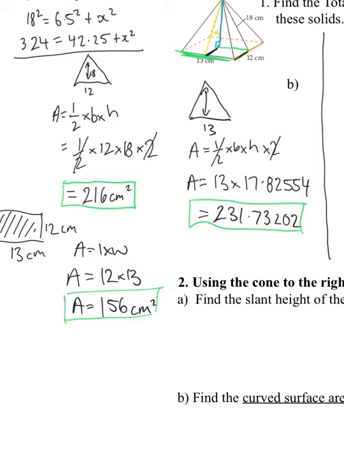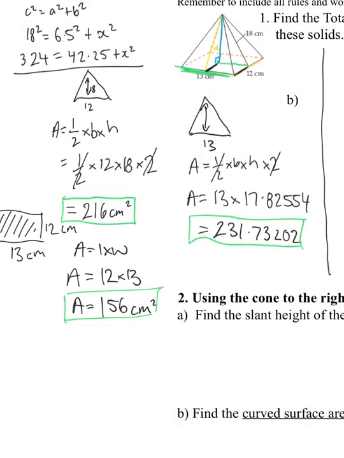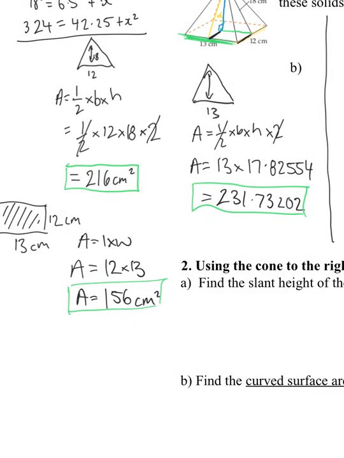Add it all together. The total surface area we've got is 603 and 2 decimal places, 0.73 centimeters squared. Cool. So that is our total surface area for A.